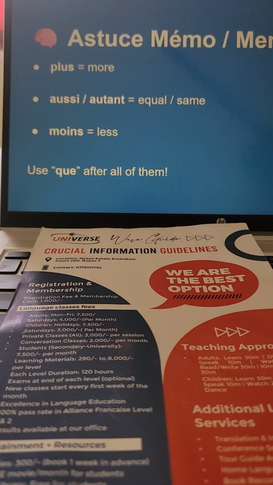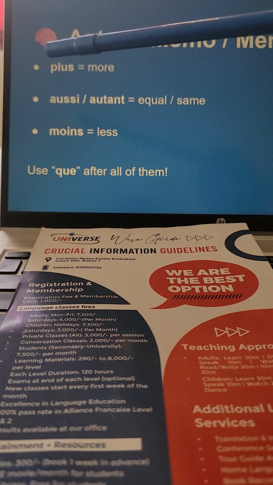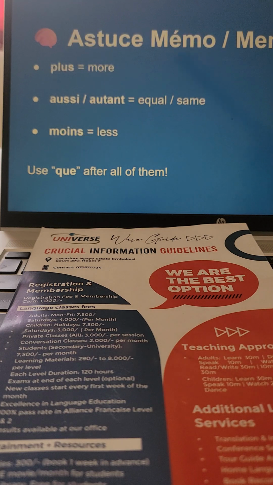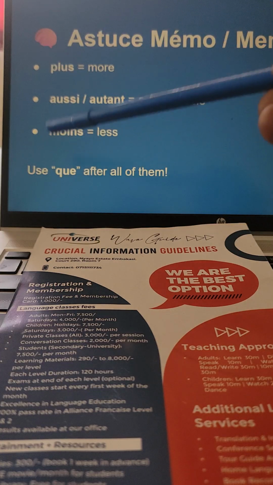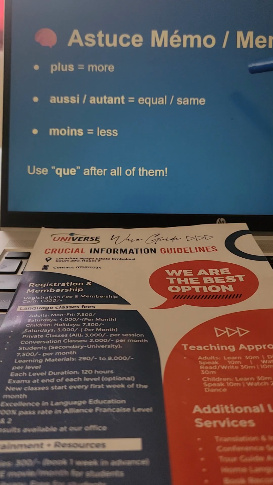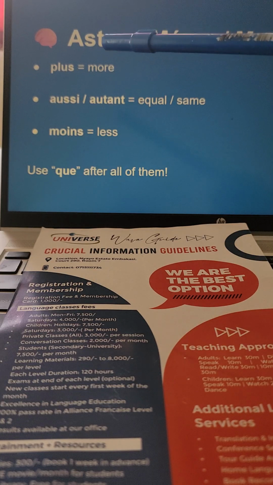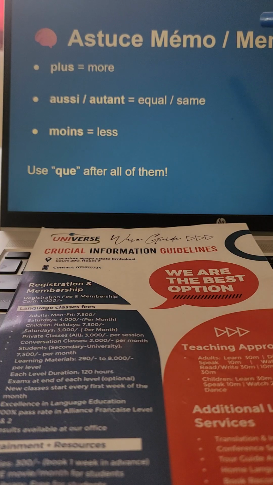So to summarize quickly, when you're comparing using an adjective, you say plus, you put the adjective there, then que. Moins, adjective, que. Aussi, adjective, que. When you come to a verb, you start with the verb, the verb plus que, the verb moins que, the verb autant que.